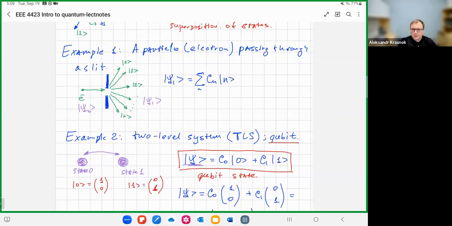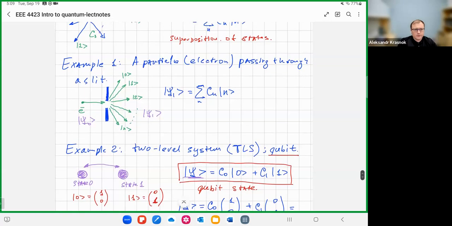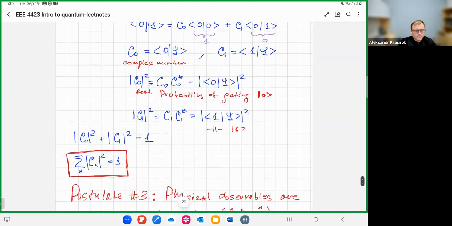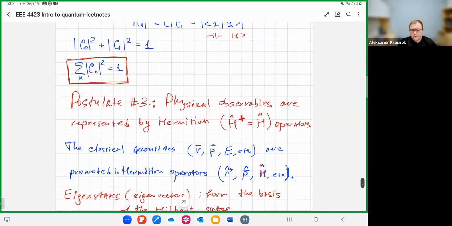For example, going back to example 1 of a particle passing through the slit, Cn gives us the probability of going along the path n. C sub 0 gives us the probability of going along path 0, etc. And of course, since the total probability is 1, these probabilities must be normalized so that the sum of all these probabilities gives us 1.